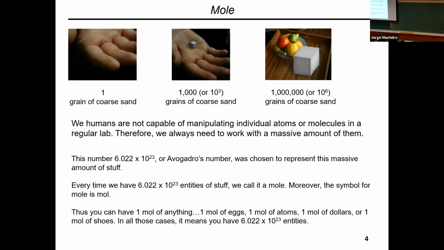Moreover, the symbol for mole is mol, without the E at the end. Thus, you can have 1 mole of anything: 1 mole of eggs, 1 mole of atoms, 1 mole of dollars, or 1 mole of shoes. In all those cases, it means you have 6.022 times 10 to the 23rd entities.